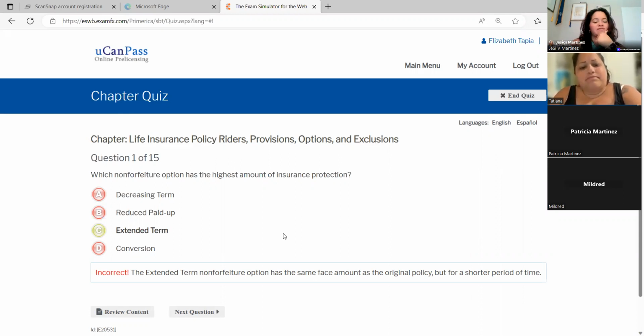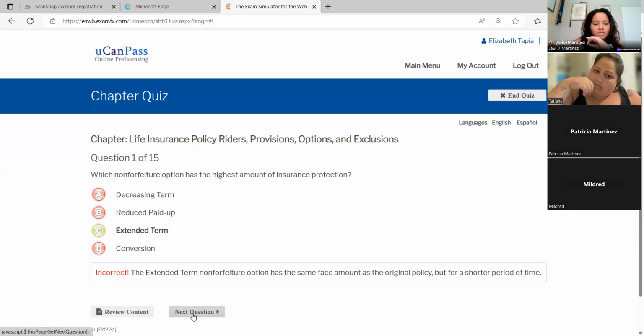The extended term non-forfeiture option has the same face amount as the original policy, but for a shorter period of time. Okay, so the 3 options for non-forfeiture are the reduced paid up, the extended term, and the cash.